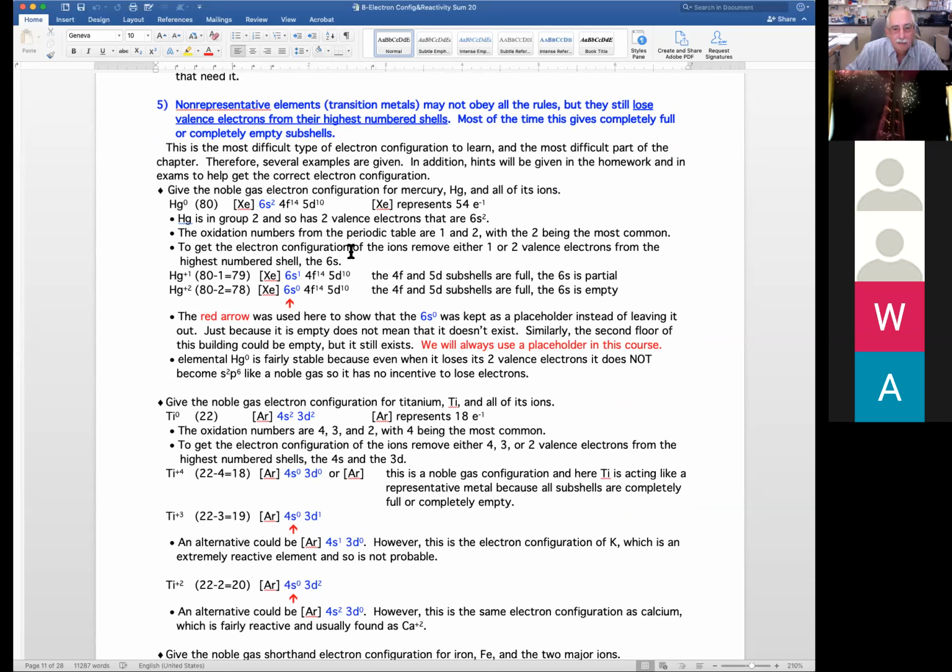So let's look at some examples. And by the way, this is extremely difficult to do. I wouldn't give you anything on an exam, or even homework, without giving you some guidance to help you figure it out.